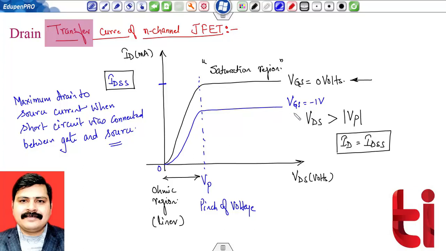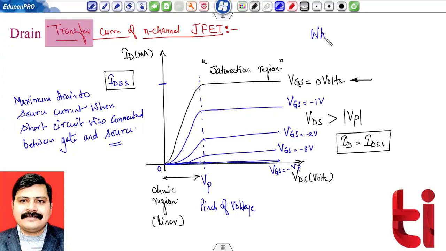If we are further increasing this voltage, suppose this is at a level of VGS equals -2 volt, somewhere this is at VGS equals -3 volt, and suppose this is the value I'm representing over here, VGS equals minus VP for an N channel junction field effect transistor.